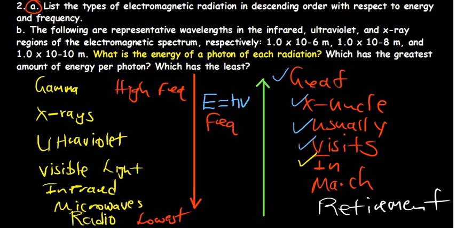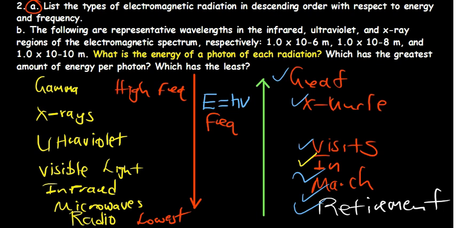Okay, if you can remember this, you'll be able to remember the order from the highest frequency. You know G is for gamma, X for X-rays. Or I can remove usually, so that we can just say great X anchor visits in March until retirement.